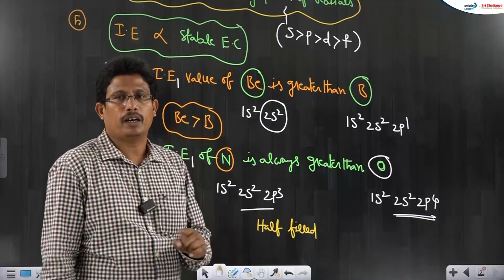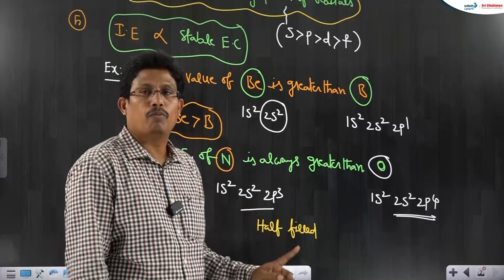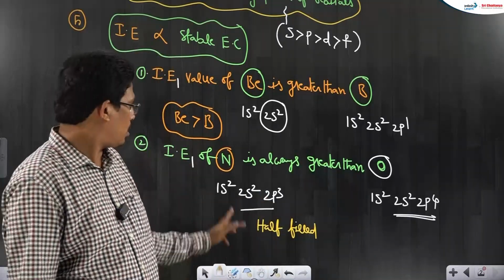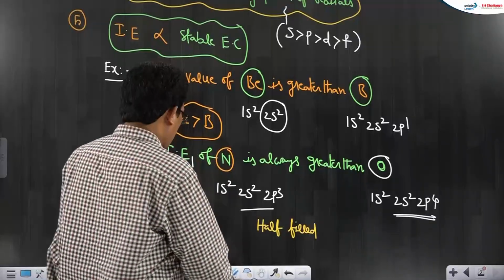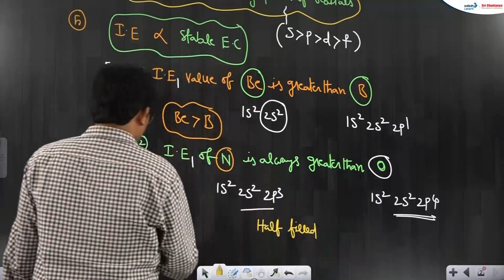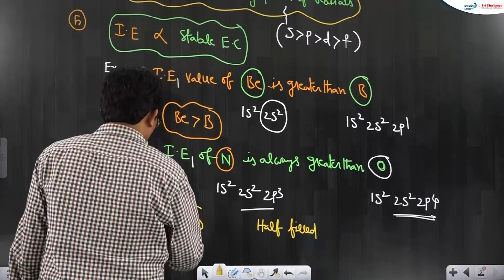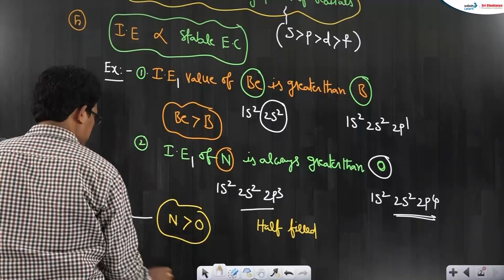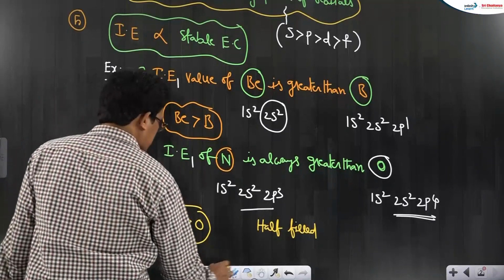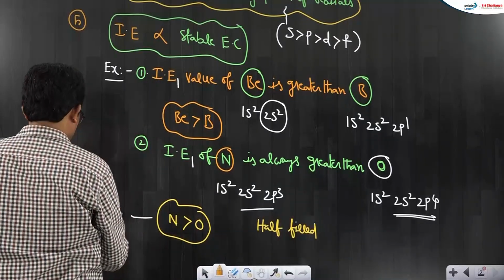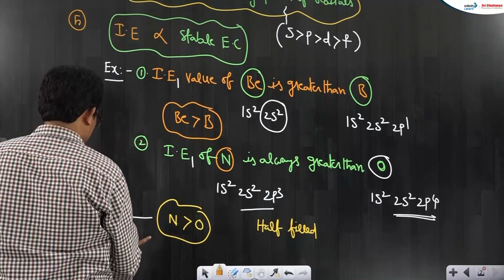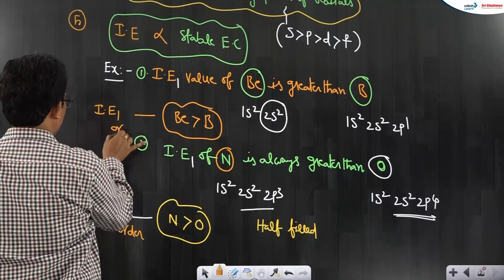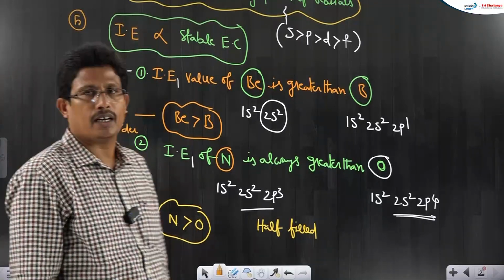Half-filled or completely filled orbitals in valency shell are more stable. That's why it requires more energy to lose electron compared with oxygen. So, order of IE1 is nitrogen greater than oxygen. These are the two exceptional cases in second period elements.